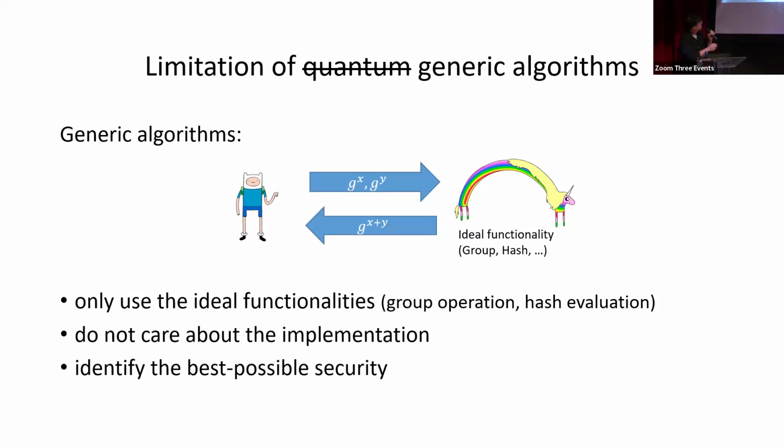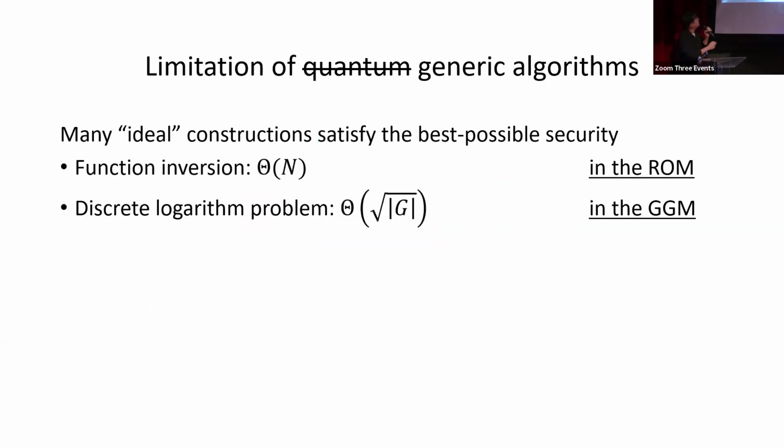And if we can identify the limitation of generic algorithms, it identifies the best possible security of the ideal functionality, like a hash function or generic discrete logarithm. For example, for hash functions, the random oracle model is the idealization of a hash function.